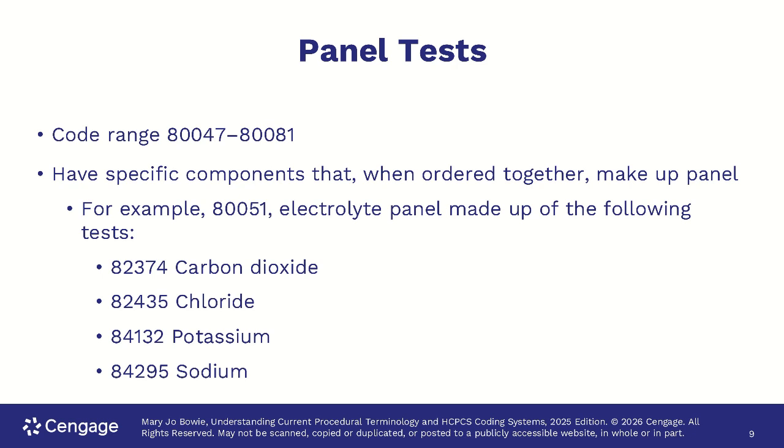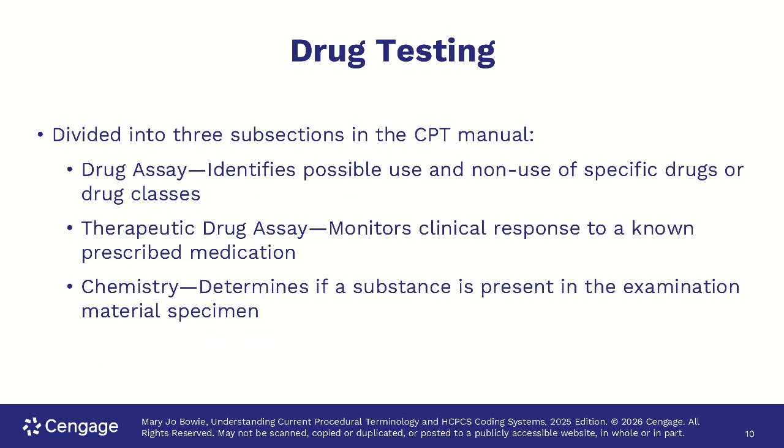If you bill them separately, the services would hit an edit. The edit would basically be saying that you unbundled the test and you need to use that panel code. Now, you probably are thinking, well, what happens if we do tests outside of the panel? You can code those tests separately.